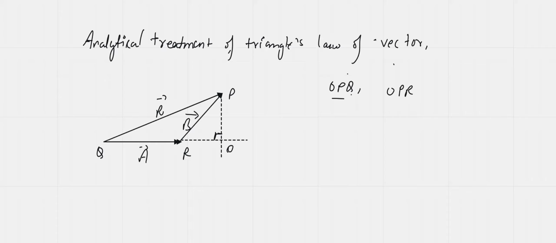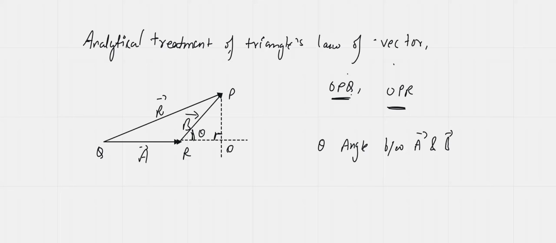My whole discussion is going to be in this way. Assume this is theta. If you just extend this, A will come out here. So this is A, this is B, this is B. So this theta is nothing but the angle between A vector and B vector.